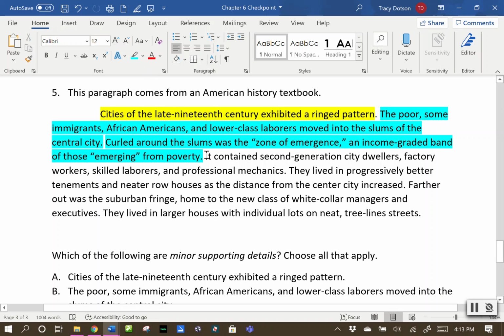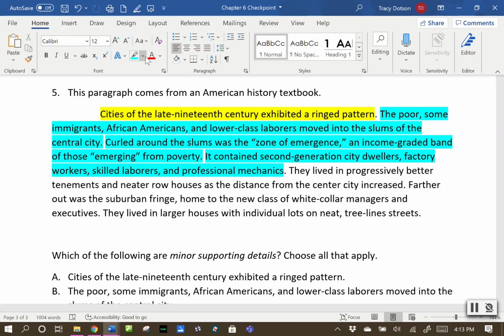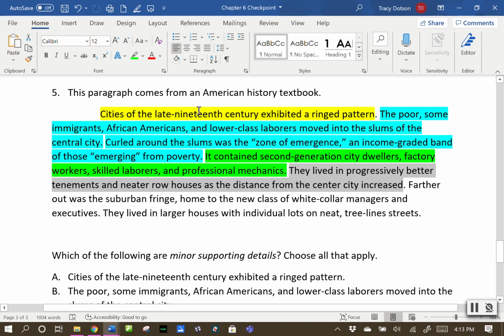Now here, this explains the zone of emergence in this sentence, so that's going to be a minor detail. Minor detail. And then again, this next sentence is another minor detail. And then here we have farther out was a suburban fringe.